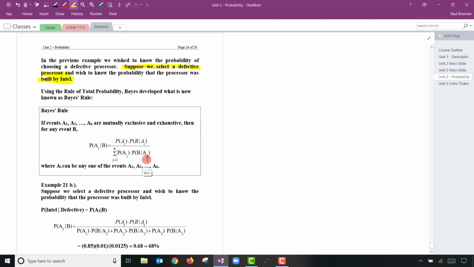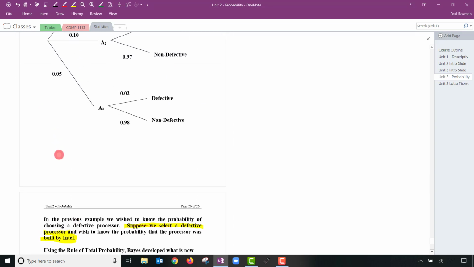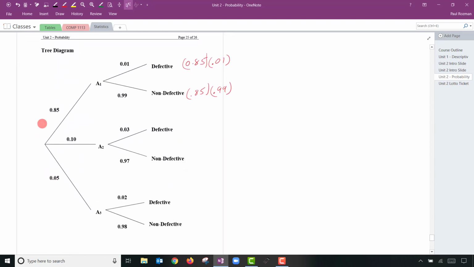The denominator is all the possible defects. The numerator is the defective one we're interested in. If I flip back to my little tree here, this is the case I'm interested in, but it's out of all of the defective cases.